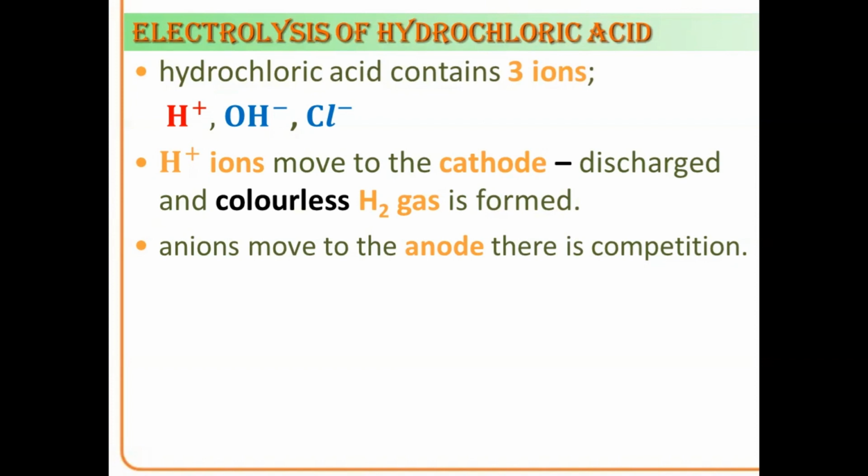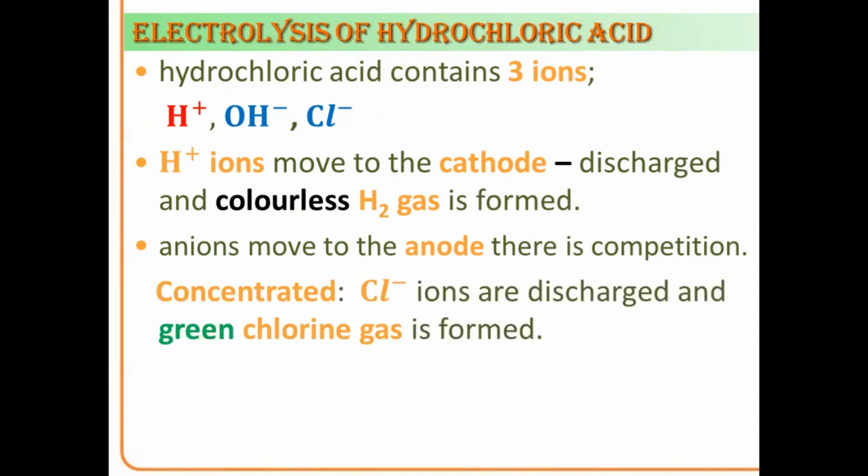When it comes to reactivity, the hydroxide and the chloride are not very far from each other. So in questions, they'll specify whether it's concentrated hydrochloric acid or it's dilute hydrochloric acid. If we have concentrated hydrochloric acid, the chloride ions are preferentially discharged and green chlorine gas is formed.